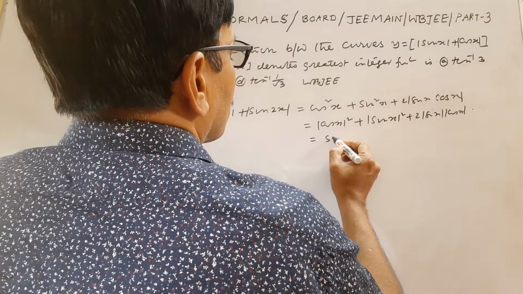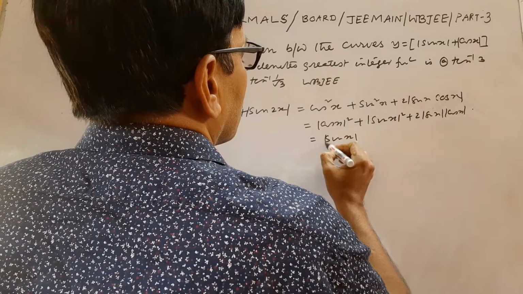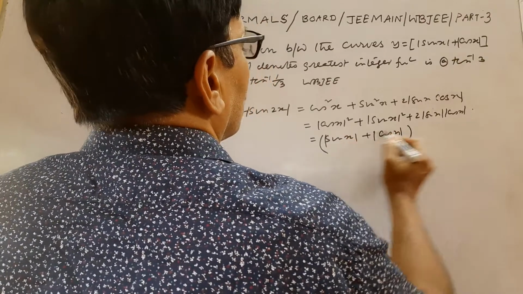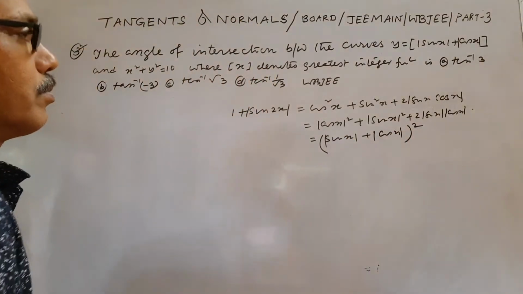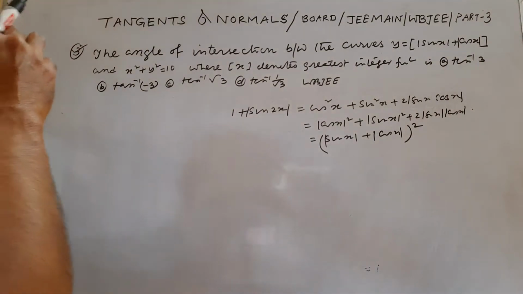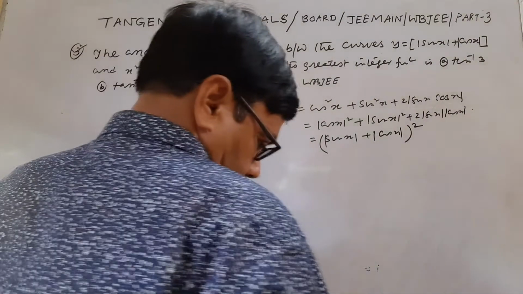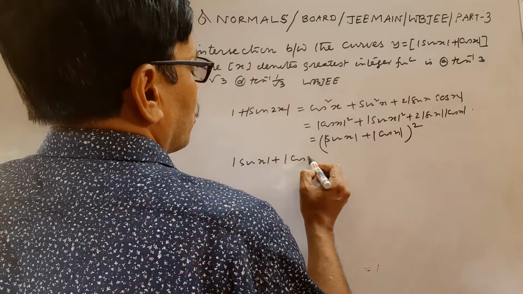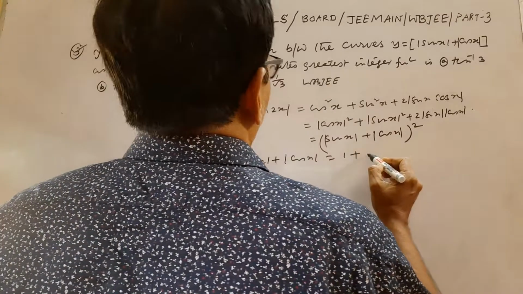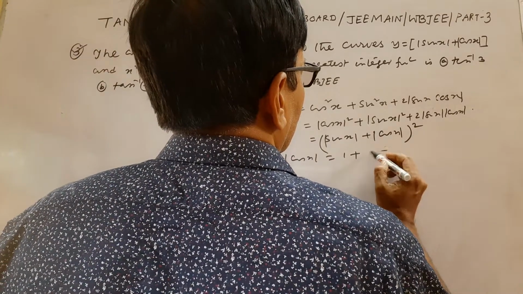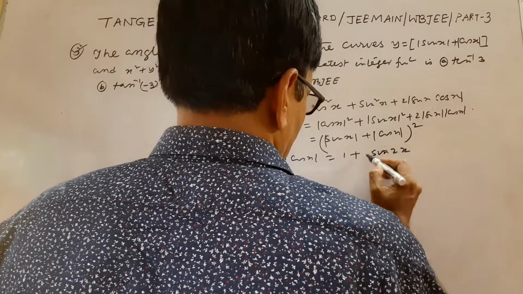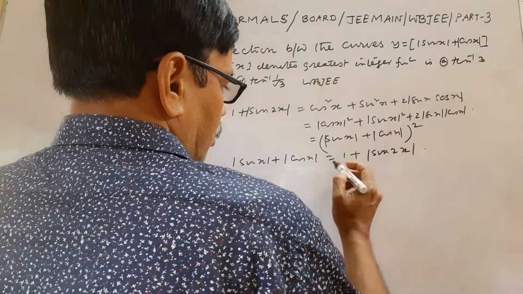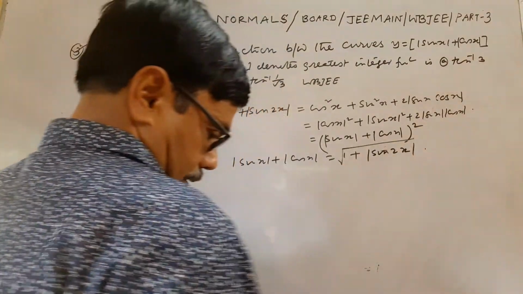So this is mod sin x plus mod cos x whole square. So we are getting mod sin x plus mod cos x, with root over 1 plus sin 2x mod.